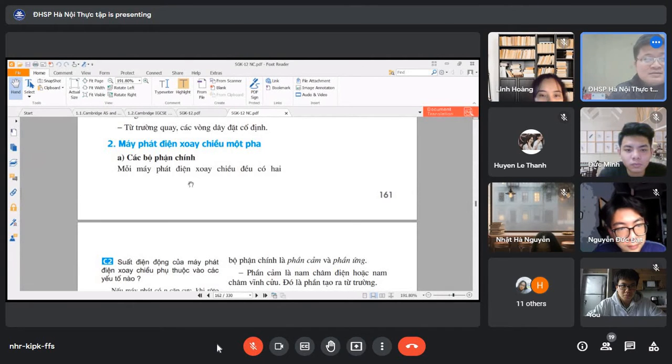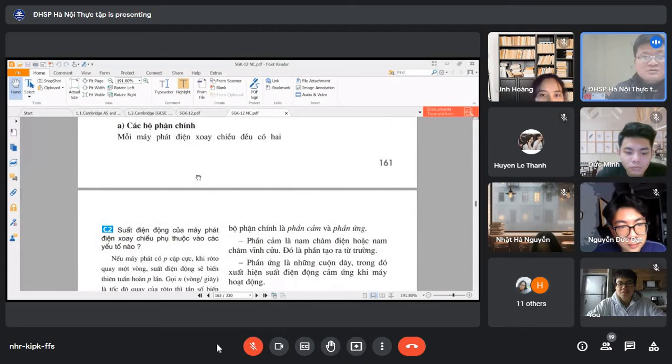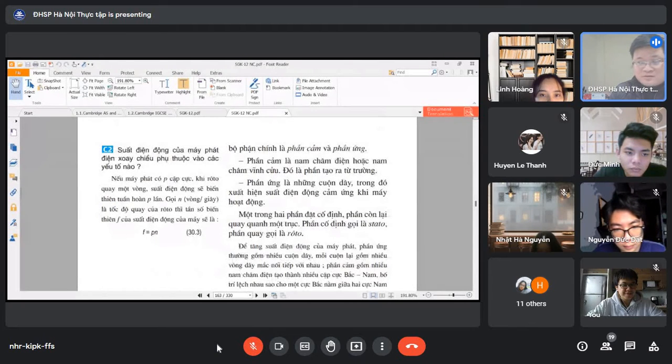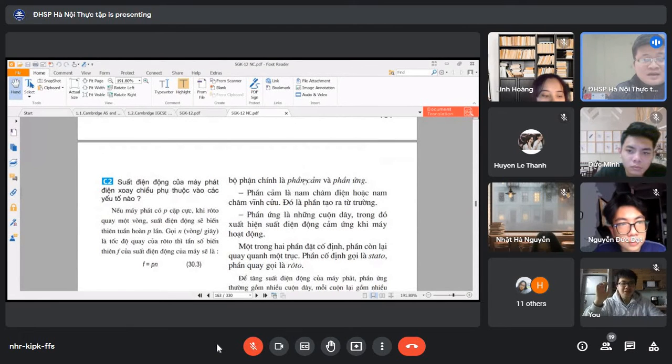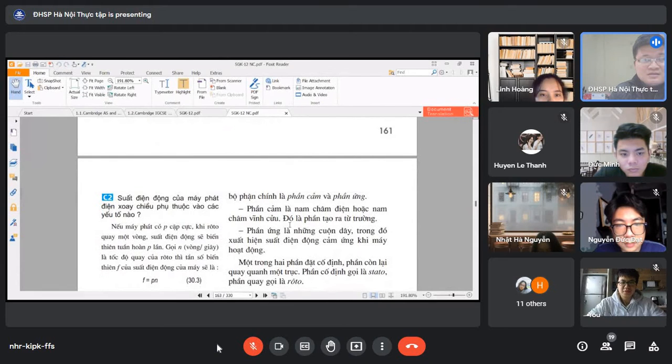And here we go to the technical description or technical exploration of the certain machine. As your friends already mentioned, there should be stators and rotors, and rotors and stators each have a certain function.